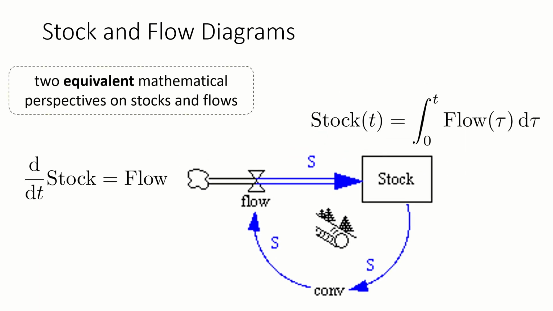And so ultimately, behind the scenes, what you're actually doing is calculus. And so this diagram, I claim, is identical to these two formulas. The graphs that you get out when you plot the stocks, when you plot the bacterial growth over time, if you were to come up with a formula to express those graphs, if you were to take the derivative of that formula, you would get the formula you put into the flow.